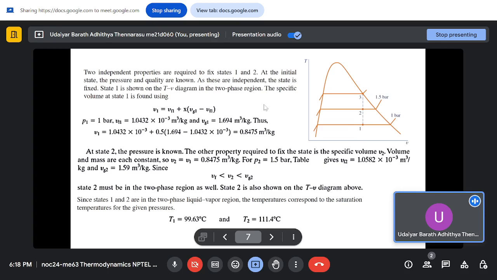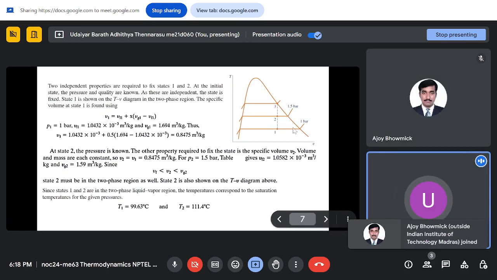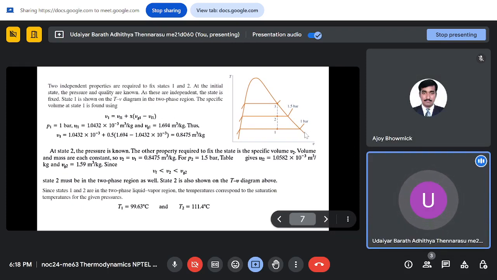At state 1, we know the volume, so we can find the specific volume. v1 is the specific volume of saturated liquid plus x times the difference between saturated vapor and saturated liquid, which is nothing but (1 minus x) times the saturated liquid plus x times the saturated vapor specific volume.